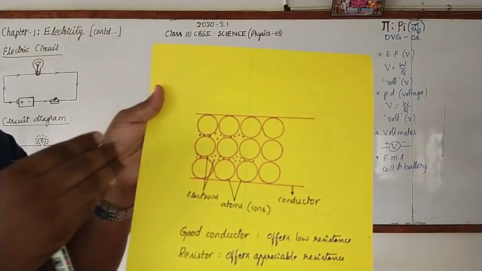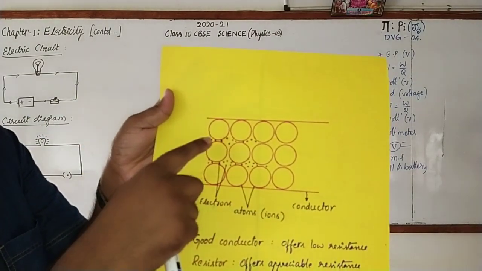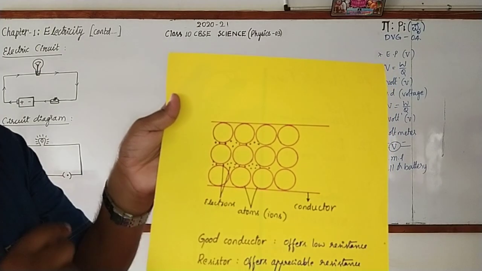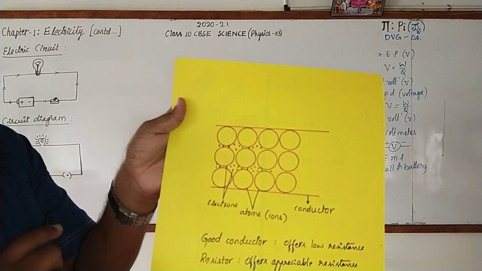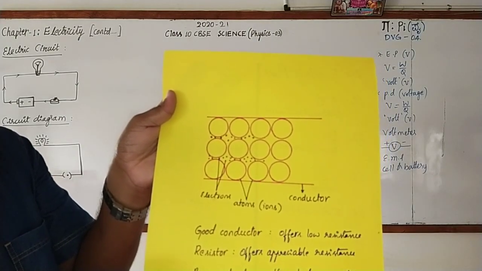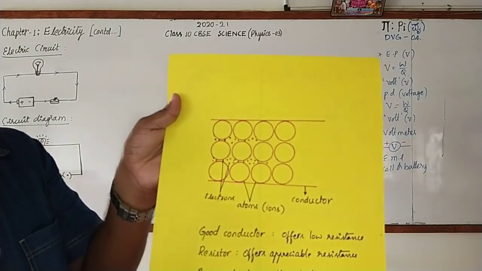They find it very free to move, but at the same time you can also see that when they are moving, they often collide with the atoms or ions. So this is the obstruction for the flow of electrons.